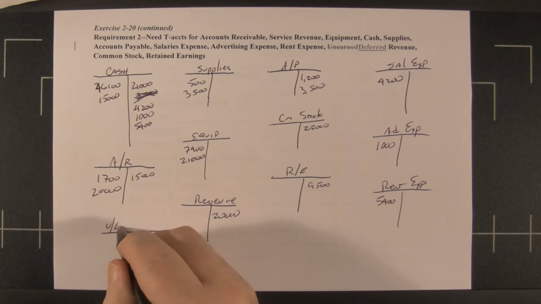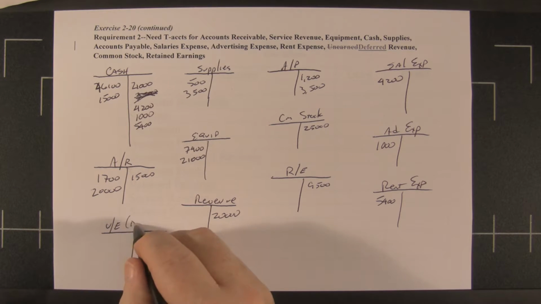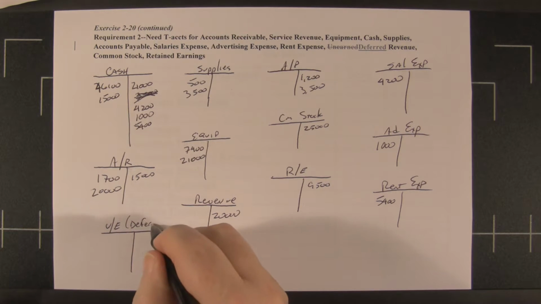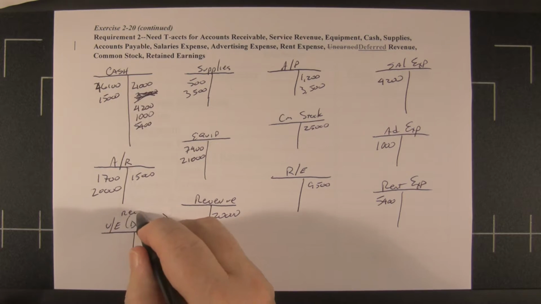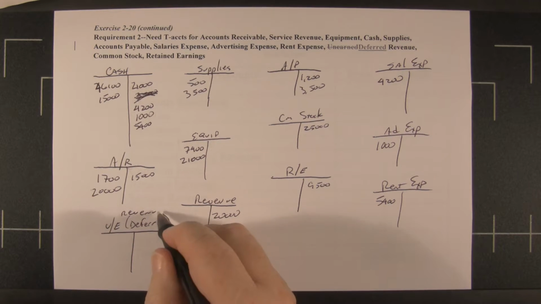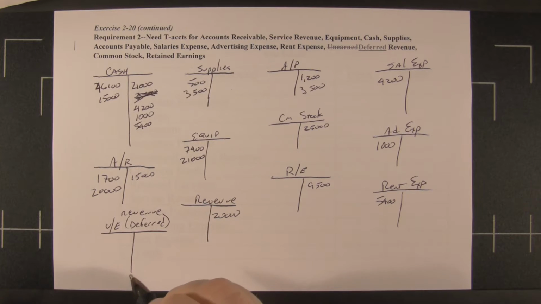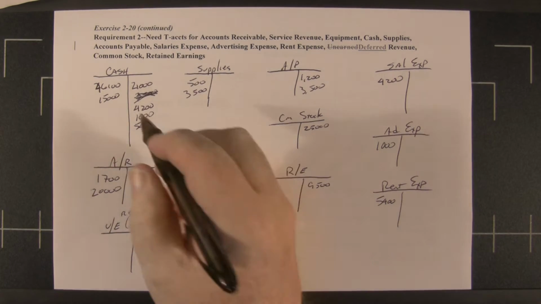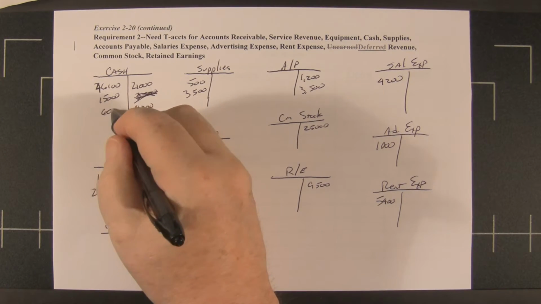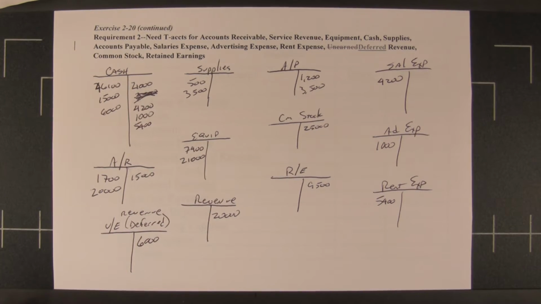So it's either unearned or deferred. They mean the same thing. Unearned revenue is a liability, $6,000, and our cash is $6,000. So that's all of our T accounts.